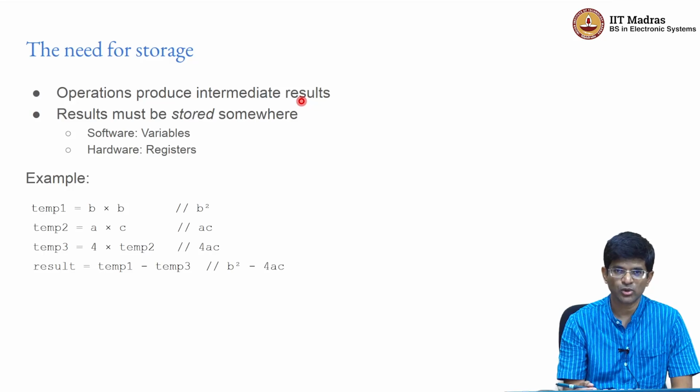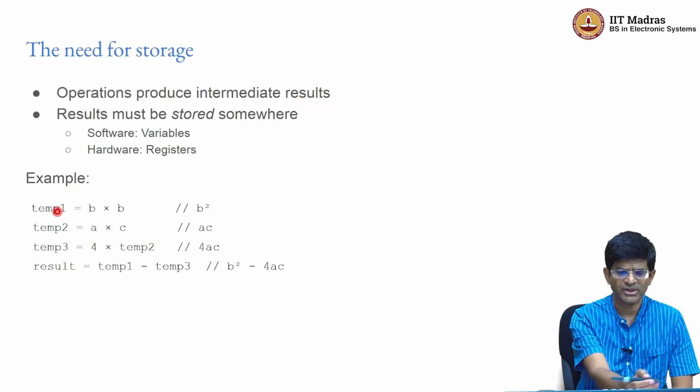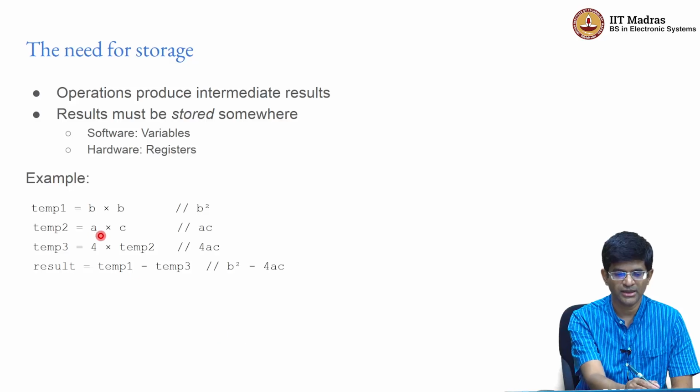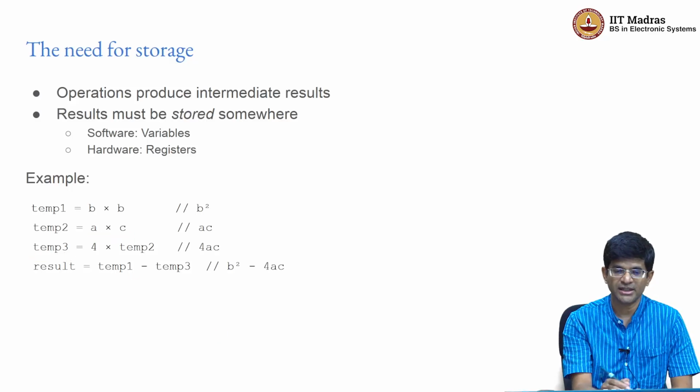Now when we write a C program, this is precisely where we define variables, right? So in a C program, assuming that all my numbers are ints, for example, I might define int temp1 and say, okay, now temp1 is a temporary storage, and I'm going to use it to store the result B times B. Similarly, I declare another variable temp2 and use that in order to store A times C. I declare another variable temp3 and use that in order to store 4 times temp2.